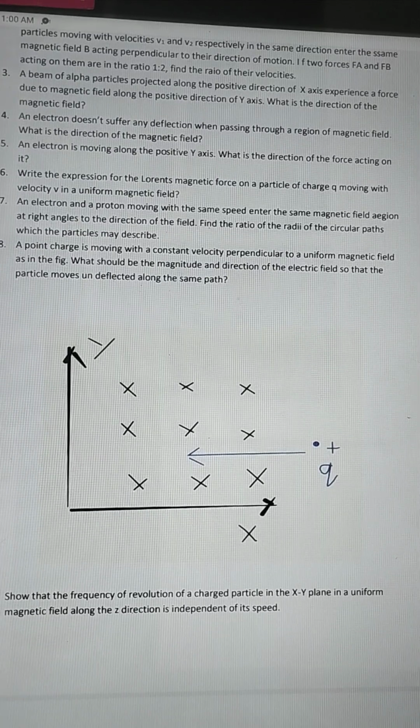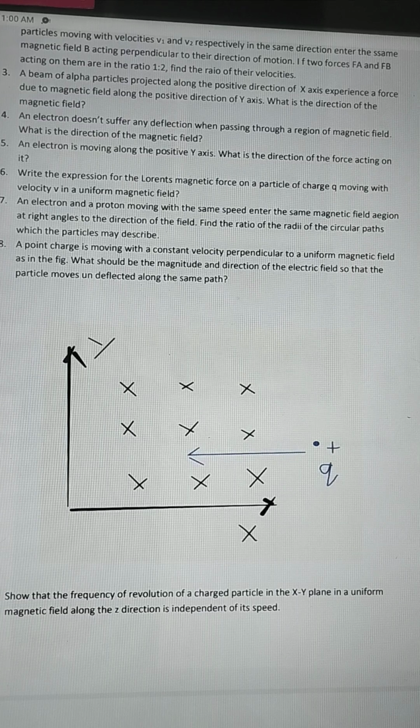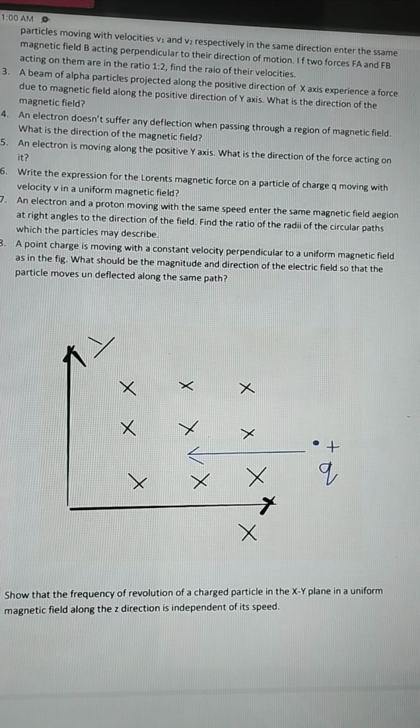In Fleming's left hand rule, we know that the middle finger should represent the direction of current, and in this question it is given that electron is moving along the positive y-axis. So in the plane of this whiteboard, electron is moving in the upward direction.